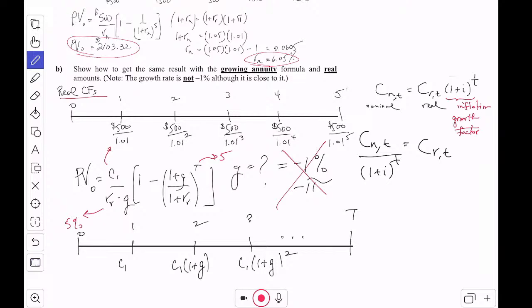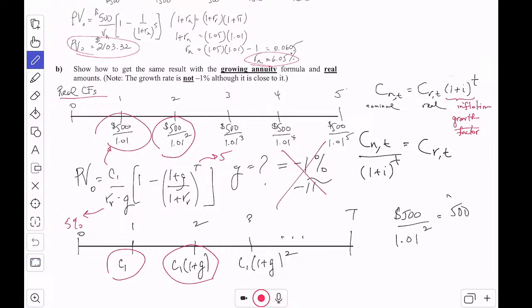But it's close to the right answer, what G is. So let me show you. If I take this amount and I say this has to be this amount, I need to make it look like that, where C1 is this portion. So let's see, let me take that amount, 500, 1.01 squared is the same as 500, 1.01 with one factor beside it, right? That would be the same thing. So isn't this C1?